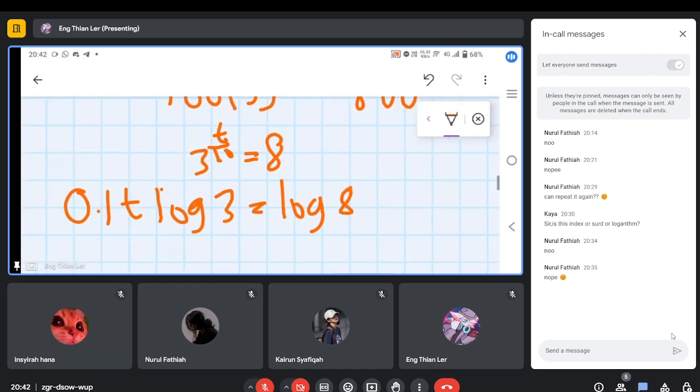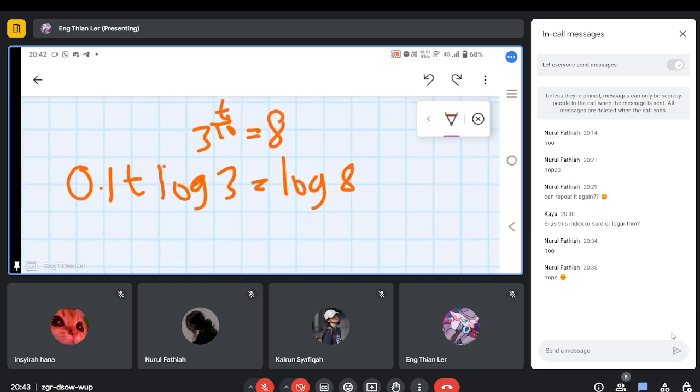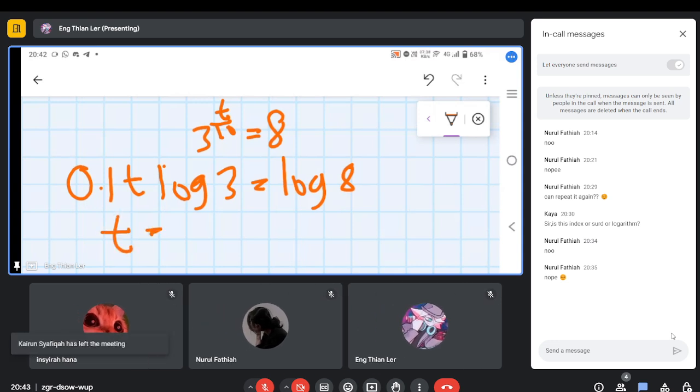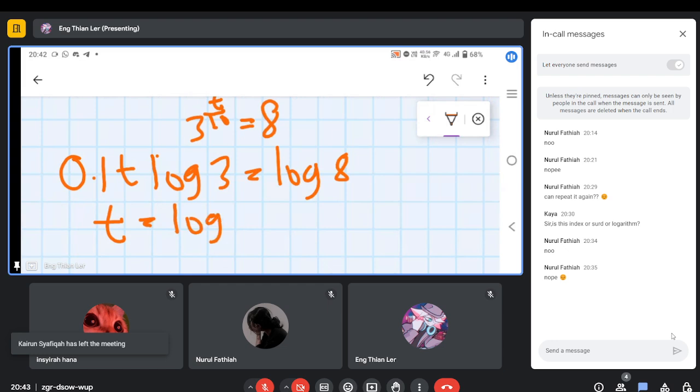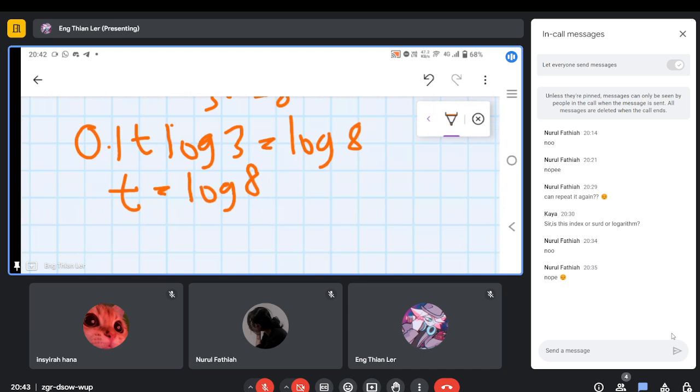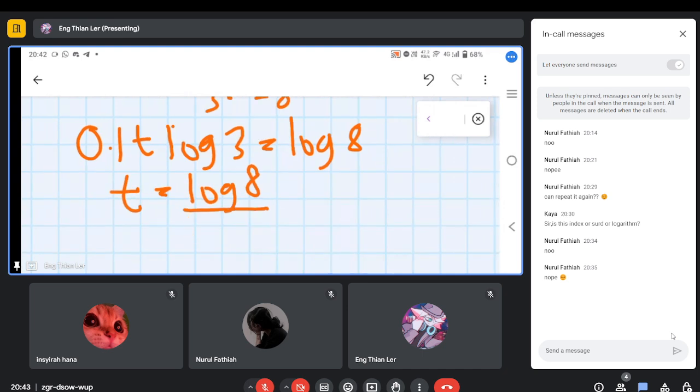You can notice that there is nothing for the base here, which means it's just base 10. If you find nothing written for the log, it's base 10. So to find t, it's pretty simple. We just need to divide log 8 by 0.1 log 3.